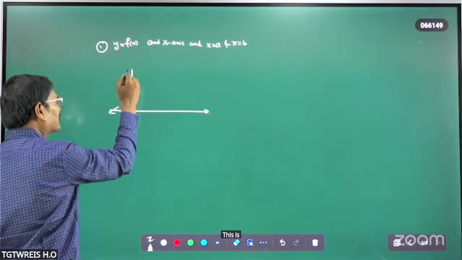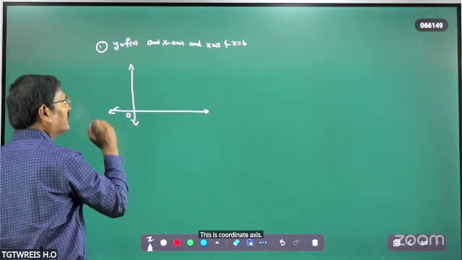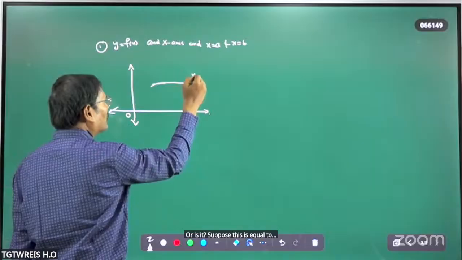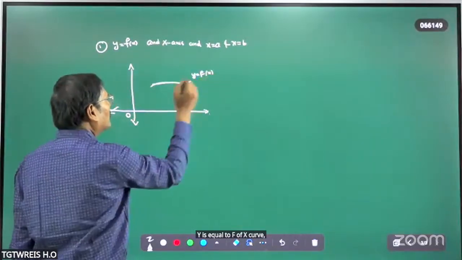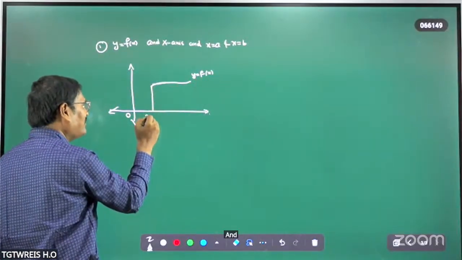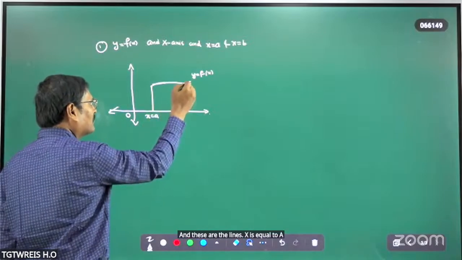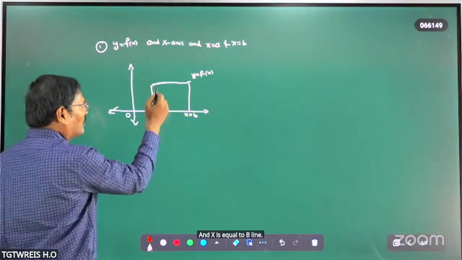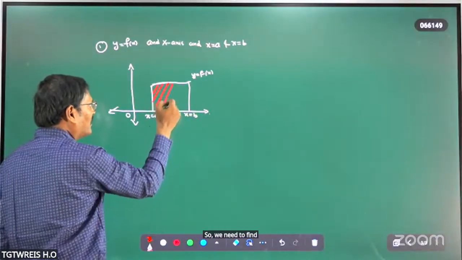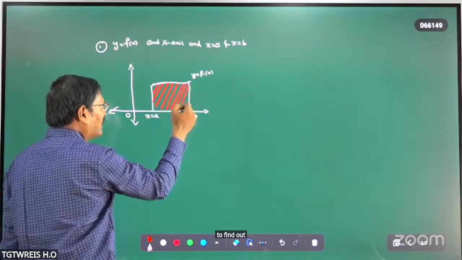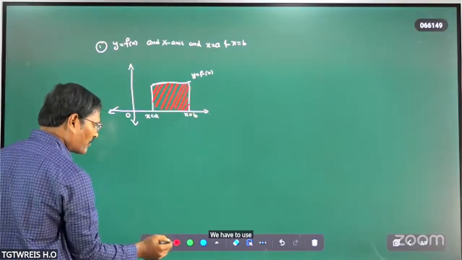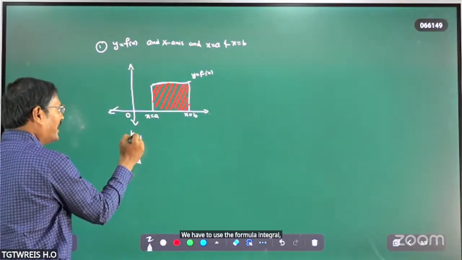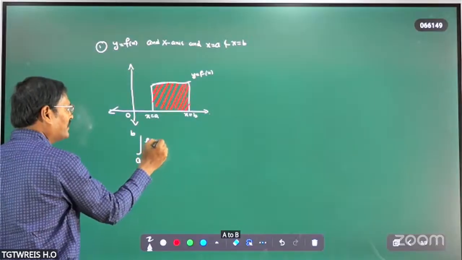This is the coordinate axis, origin. Suppose this is the curve y is equal to f of x. And these are the lines, x is equal to a line and x is equal to b line. So we need to find this area. To find out this area, we have to use the formula integral a to b f of x dx.